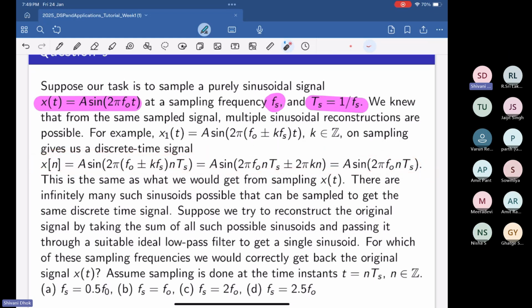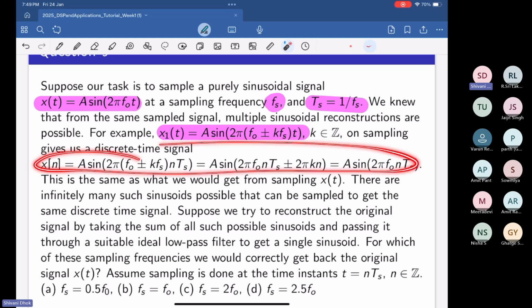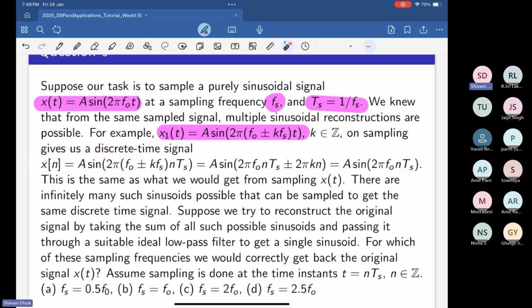Now, suppose we look at another sinusoid, which is given by this equation here, x1 of t equal to a sine 2 pi f naught, and you are just adding plus minus k fs. So now if we sample this particular signal, again we will get the same set of equations, the same discrete time representation.